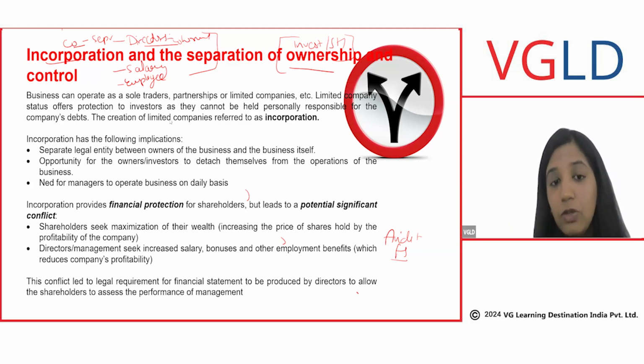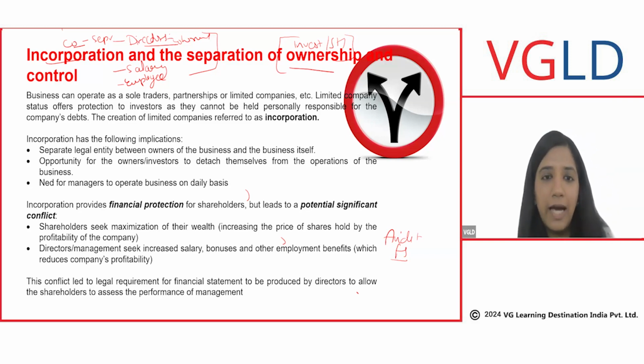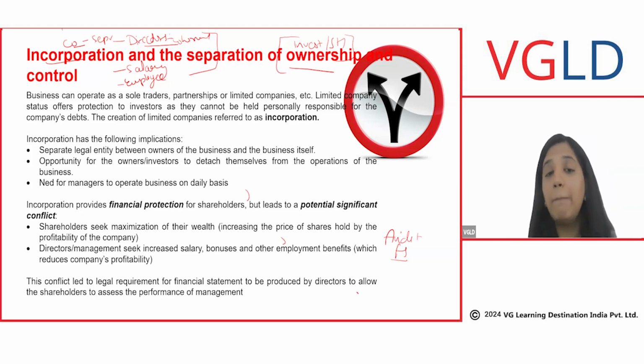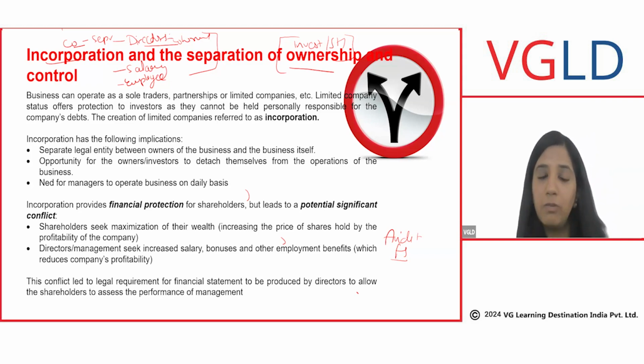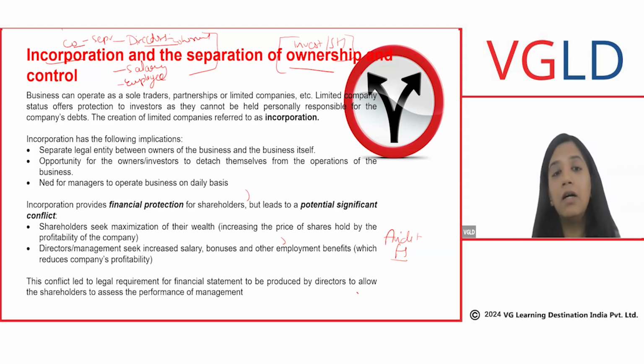Status offers protection to investors. Now, when somebody is investing in you, there could be private equity investors who invest, like you guys would be. I'm assuming that you know what Shark Tank is, right? They are investing in startups, because that is their nature. People in the market, when you open a demat account, you are investing in a listed company.